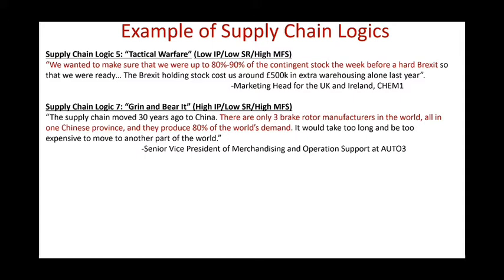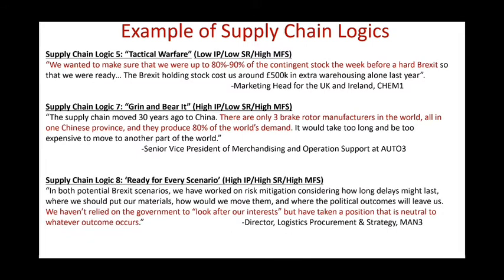So these companies said, the actual cost of picking up our suppliers or even our manufacturing facilities is just cost prohibitive. It can't be done. So they had to do what we call this grin and bear it type of logic. And then finally, we had some companies, but not all, who moved into this ready for every scenario logic. These companies saw a high degree of institutional pressure, a high degree of perceived supply chain risk, and also a very mobile type of supply chain.